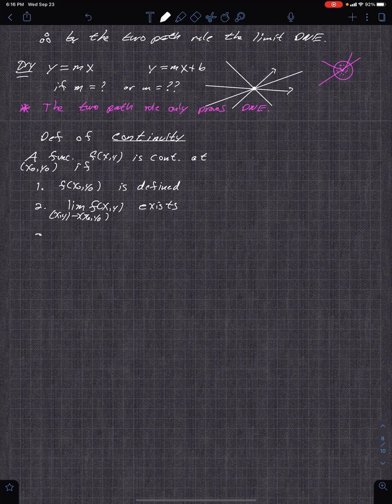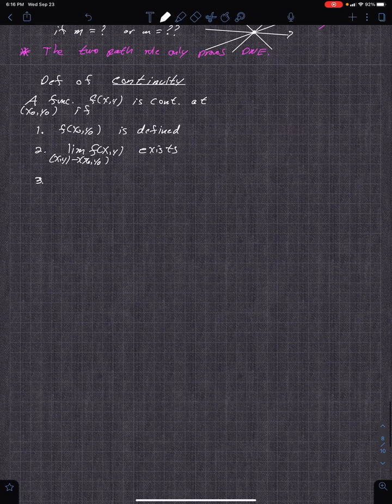And 3, the limit value equals the function value: the limit of f of x, y as x, y approaches x naught, y naught equals f of x naught, y naught.